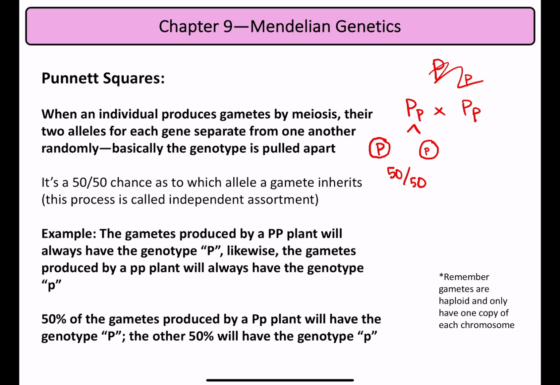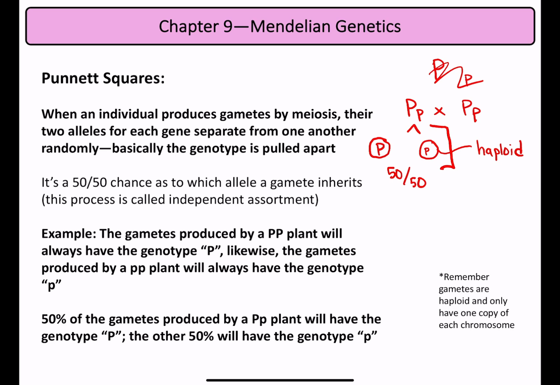So the genotypes of egg and sperm don't have two letters. And this should also tie everything together, hopefully. They only have one letter, right? Why is that? Because they're haploid. Because you took that homologous pair and you just picked one member of it. Just one.